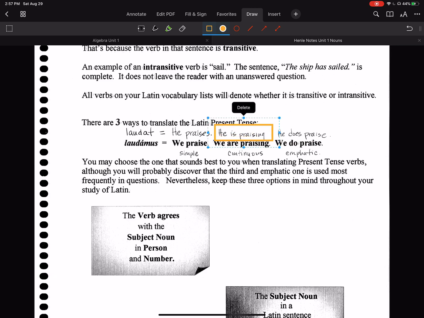One word in Latin, laudat. "He praises," two words here, one word in Latin, laudat. All three of those are laudat. So Latin is actually very simplistic when it comes to its verbs, much more so than English. You have to be very careful about all the different ways you can write it out in English when it's just one very simple word in Latin.